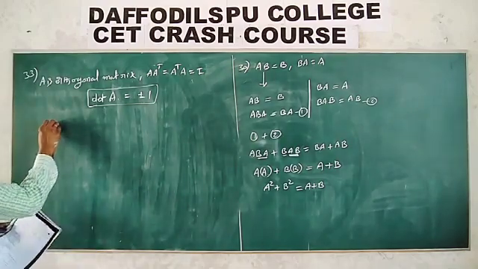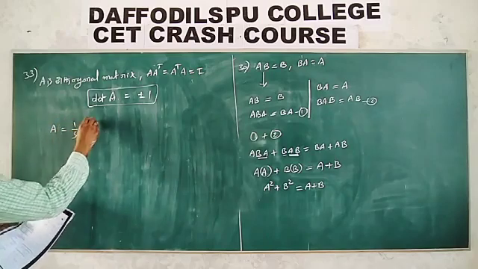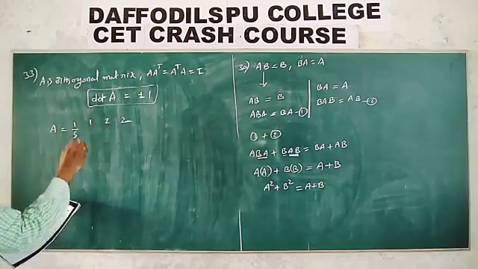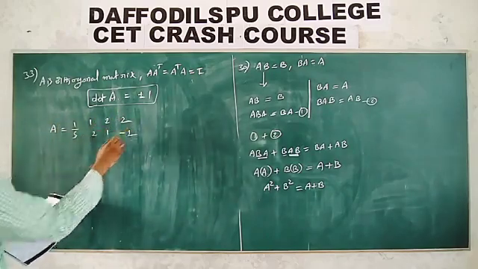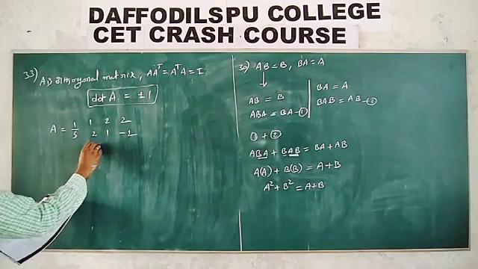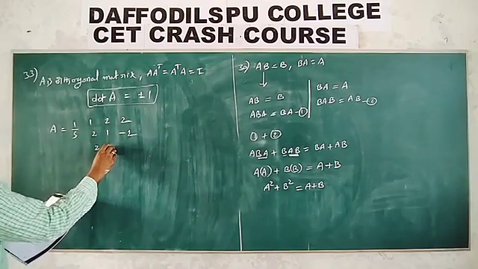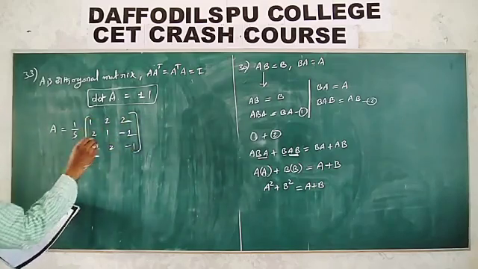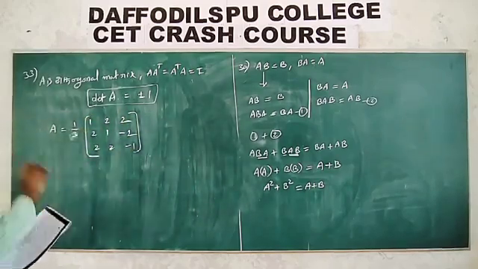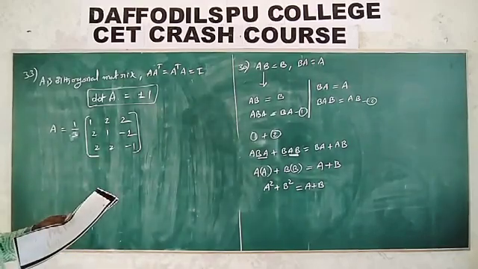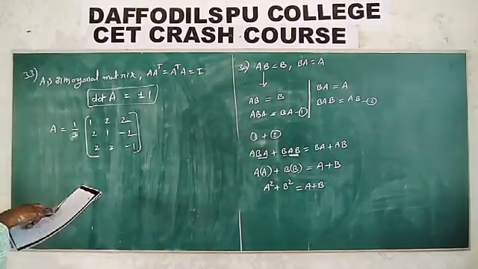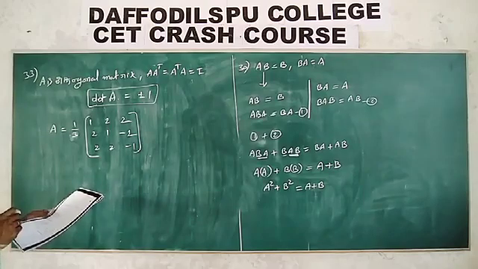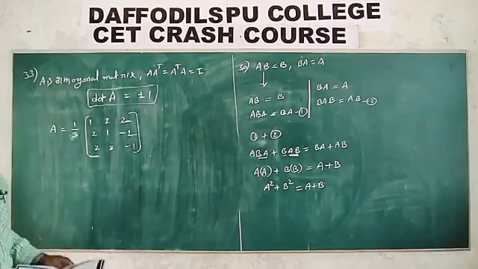Otherwise, take one example: A is equal to 1 by 3 times the matrix 1, 2, 2; 2, 1, minus 2; 2, minus 2, 1. Take this example. Suppose this is the A. What is the question? A is an orthogonal matrix and the determinant is plus or minus 1.